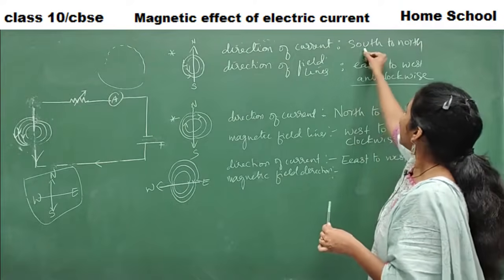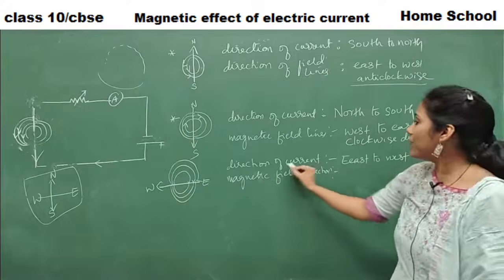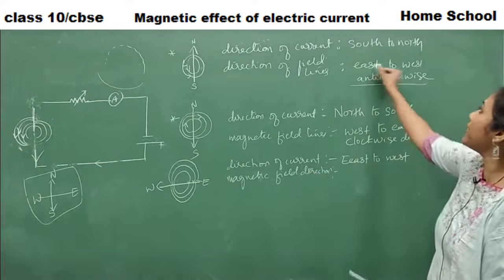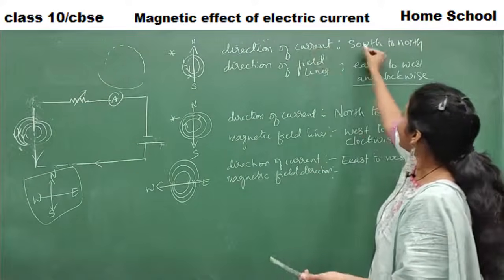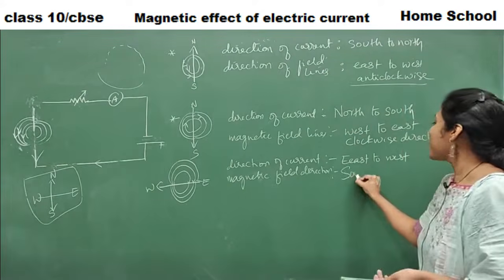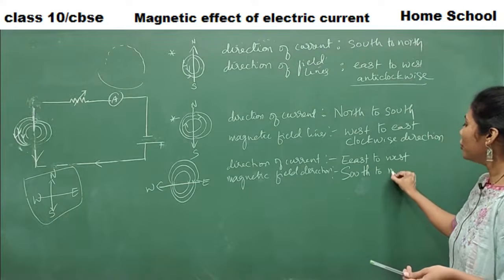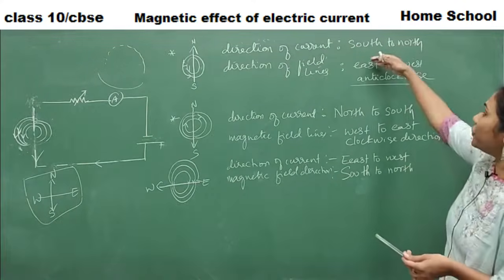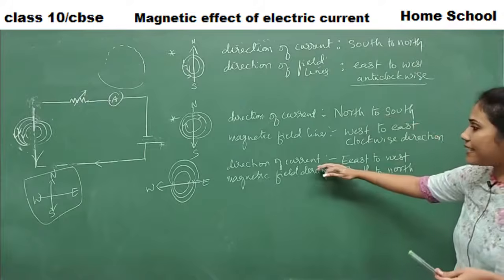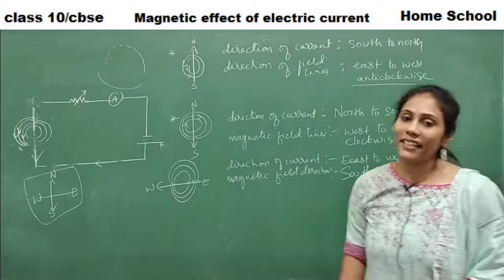Direction of current is south to north gives east to west field. But here it is just opposite. I took the direction of current as east to west, then the direction of magnetic field will be south to north. This is the trick, guys. If you know these two things, the rest, east to west or west to east direction, you can predict easily.